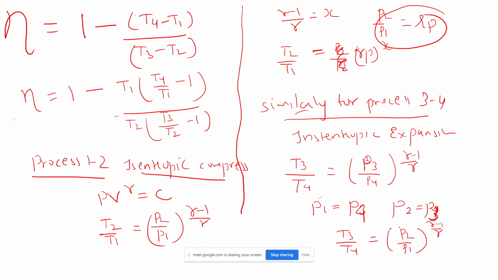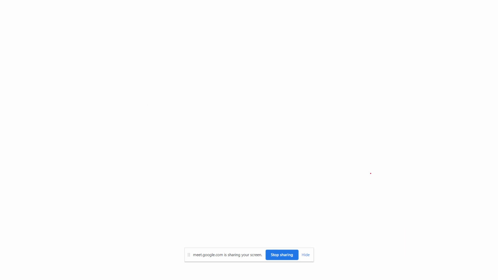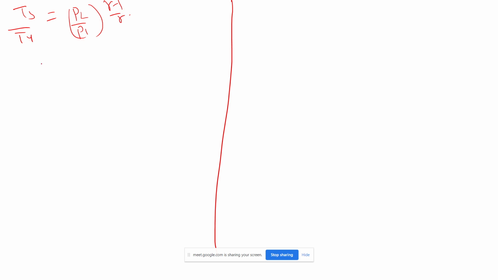So what we will get is P3 upon P4 is equal to what we have written previously, P2 upon P1 to the power gamma minus 1 upon gamma, which we have taken as X, and P2 upon P1 is the pressure ratio, represented by RP.